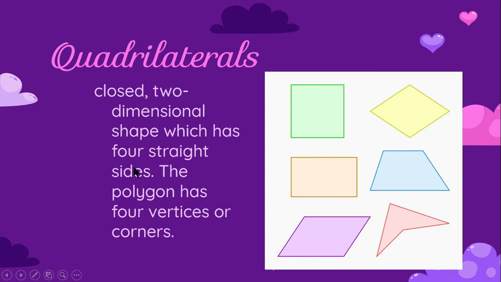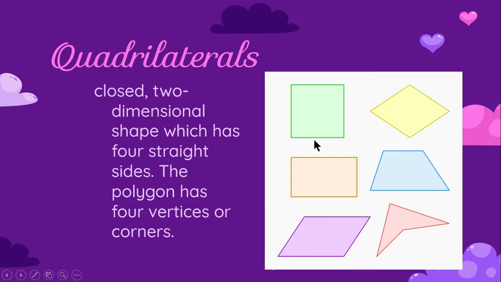Let's digest this. Closed: the shape should be closed. In our illustration at the right side, the shape is closed; there is no open field there. Then, two-dimensional shape.